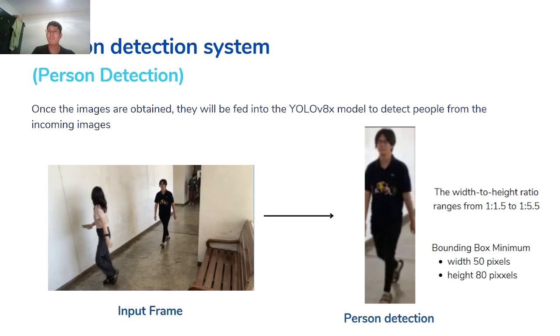We validate the image: the width and height ratio is in the range of 1 to 5.5, and the minimum bounding box that we use is 50 pixels wide and 80 pixels high.